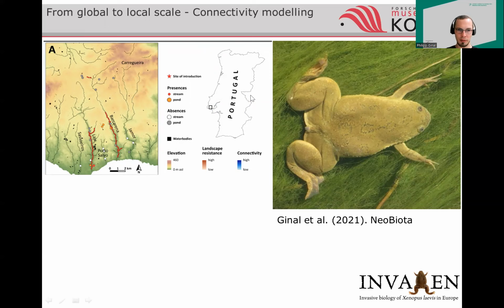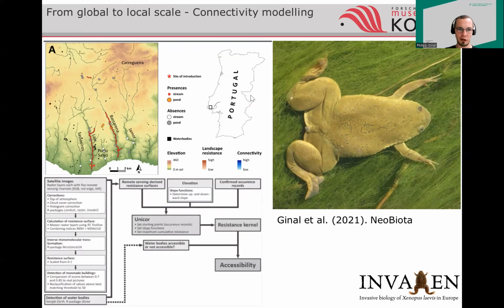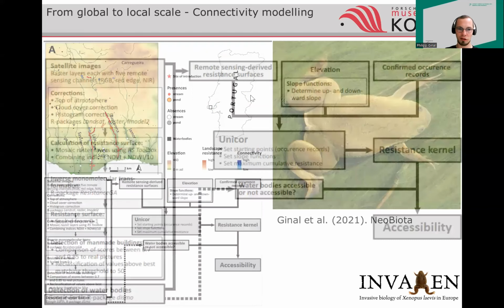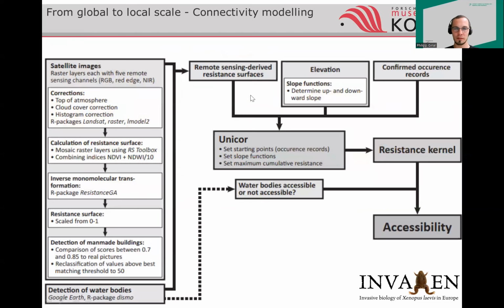The purpose of our work was to reconstruct the terrestrial dispersal route and to identify areas that are suitable for future invasion. And for this, we used a novel approach. This novel approach is based on satellite images, which comprise 5 different wavelength channels: red, green, blue, red edge, and near infrared.